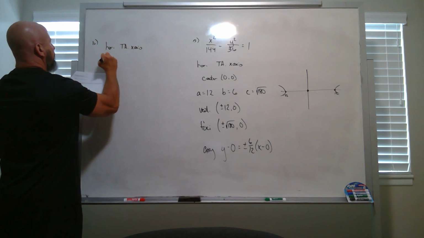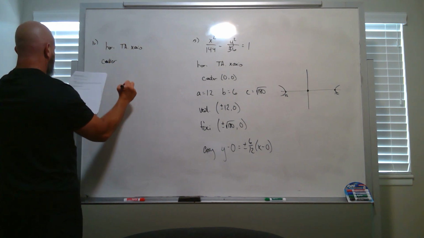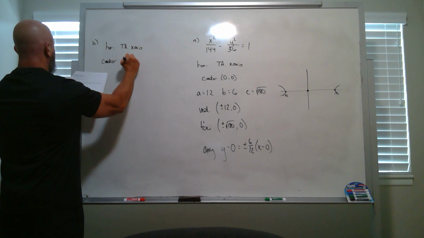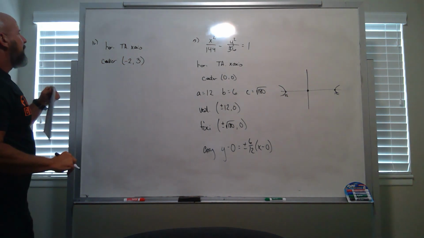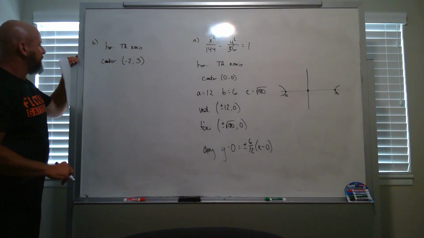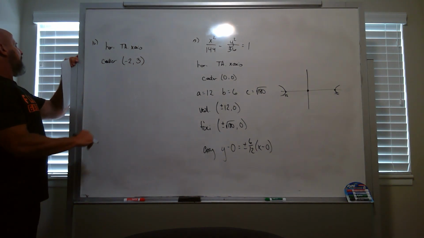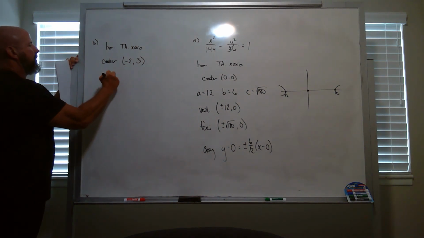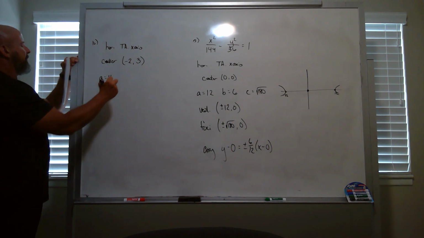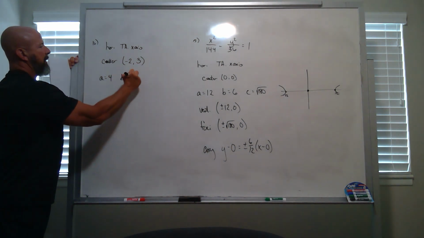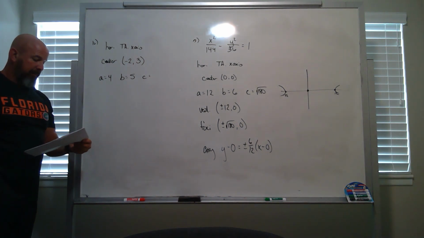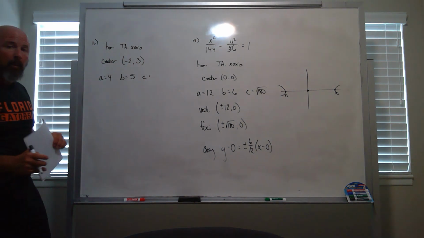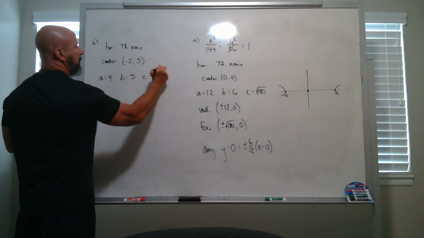It's the center that moved from that 0, 0. So the center would be -2, 3. Then I can work for my a, b, and c value. So a is 4, square root of 16. b is 5, square root of 25. And c, 16 plus 25 is 41, so root 41.